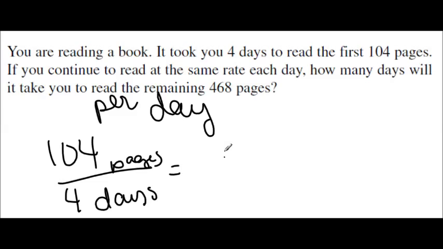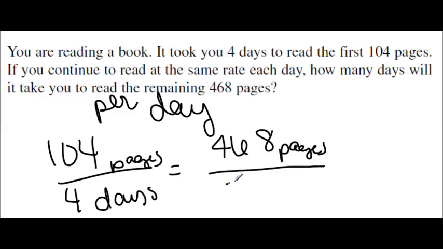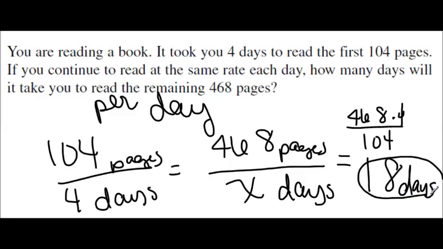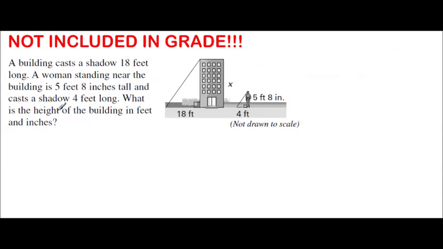So it's 104 over 4 equal to 468 over x, what I don't know. Do a little bit of cross multiplication. 4 times 468. Punch that in, get an answer, and then divide by 104 gives me 18 days as my answer. So 18 days to read 468 pages.